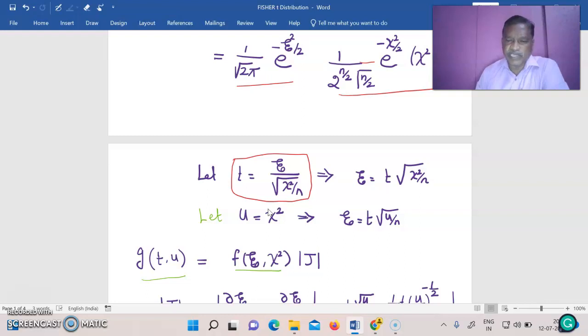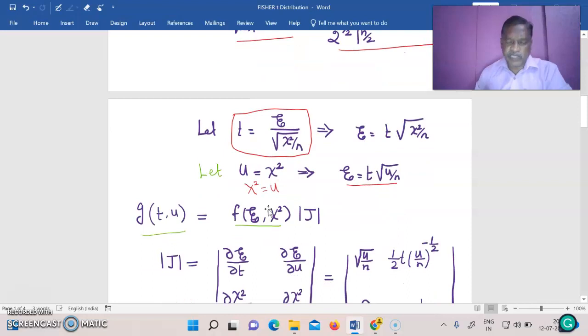This implies psi equal to t into square root of chi-square by n. Again we take u equal to chi-square. So u is the new random variable, chi-square is the old random variable. Therefore, the old random variable chi-square is equal to u. This implies psi equal to t into square root of u divided by n.